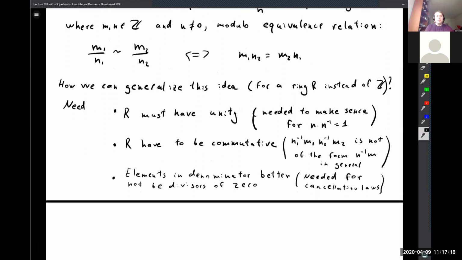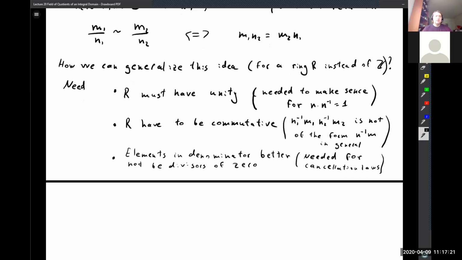And one way to ensure the last part is just to require R to have no zero divisors at all. And that will surely take care of the last part.